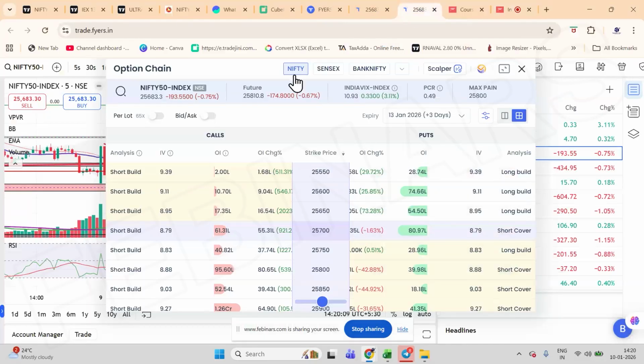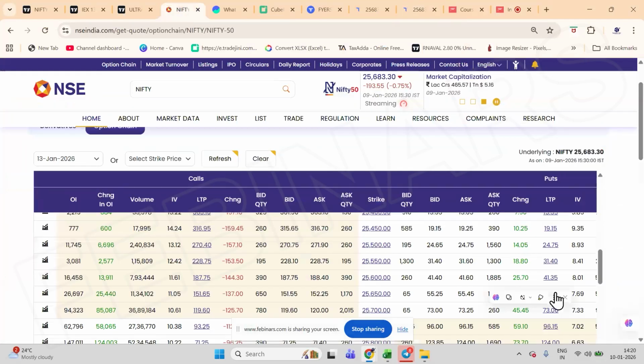Open interest gives you the clear picture of what is the currently open or outstanding positions. That is the volume. Then a change in open interest gives us the change of contracts, what has happened. Bid is how many buyers are there, ask quantity is how many sellers are there.